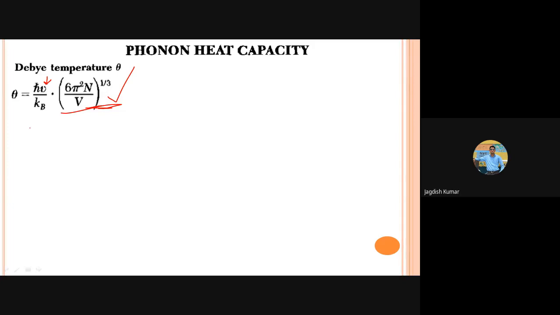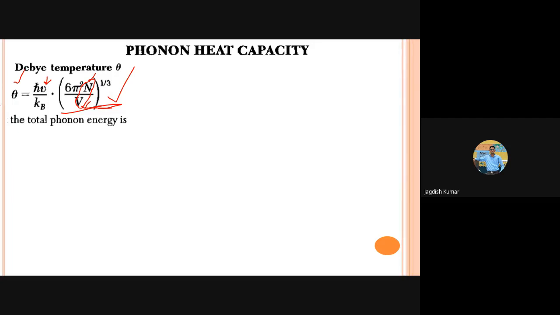You may find questions in competitive exams where the number of unit cells in a crystal and the size of the crystal are given, and you must calculate the Debye temperature. You just need to know N and V to find the Debye temperature. You may find small questions on this.